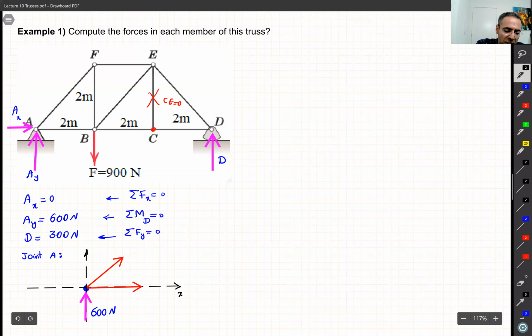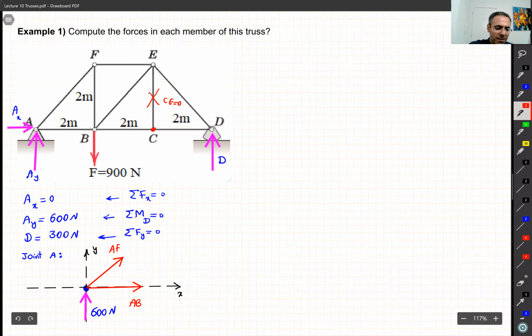And when we say tension, it means they are basically pulling that joint to the other side. Like this AB tries to pull joint A, and this AF also the same, tries to pull it, right? They're all tensional loads. So then we call this one AB, and we call this one AF.